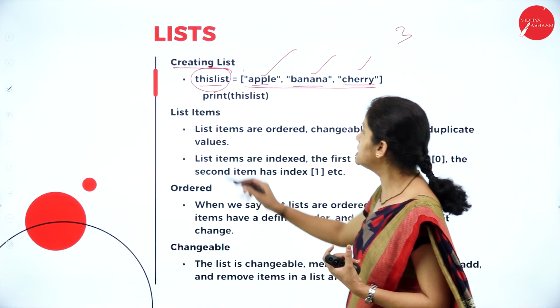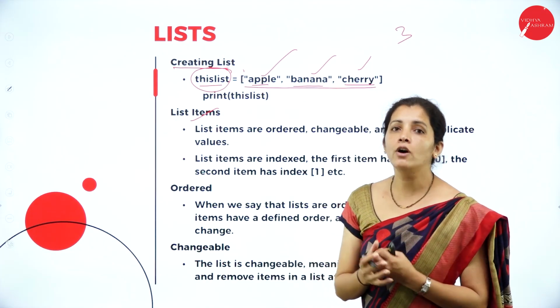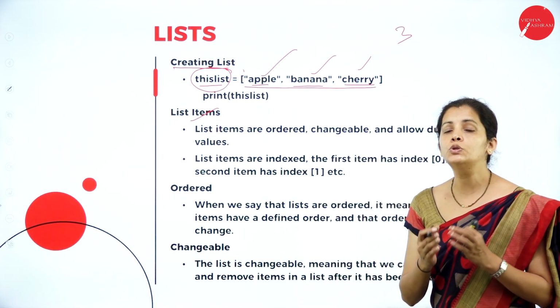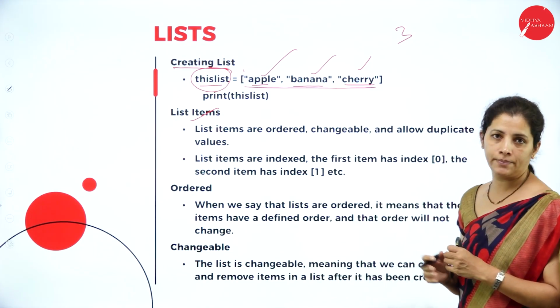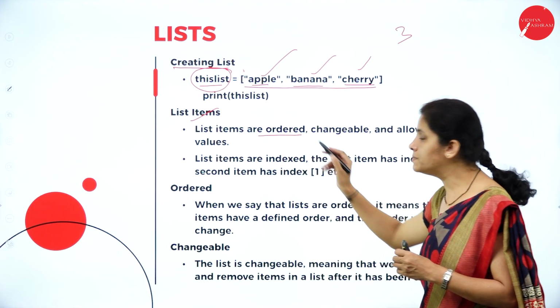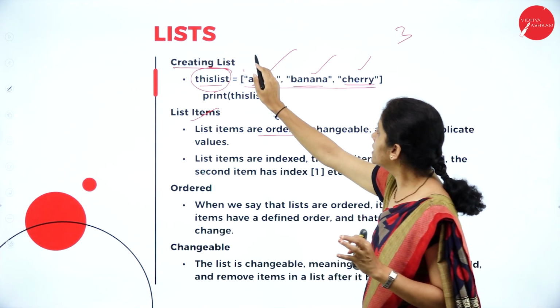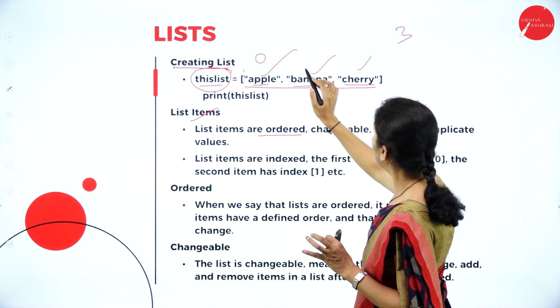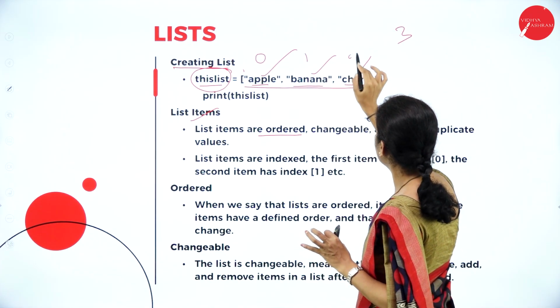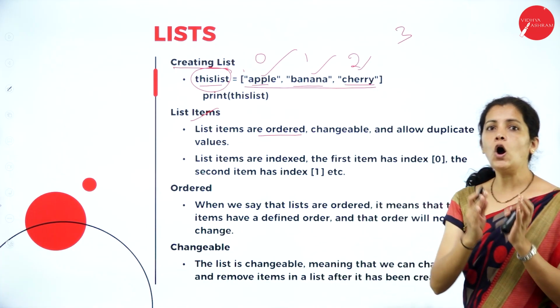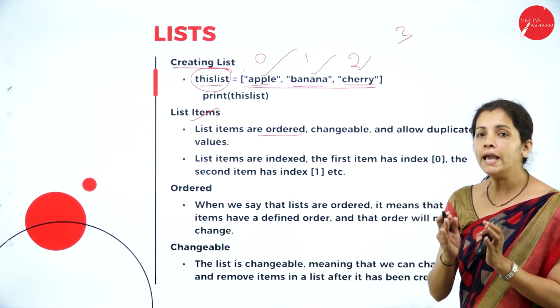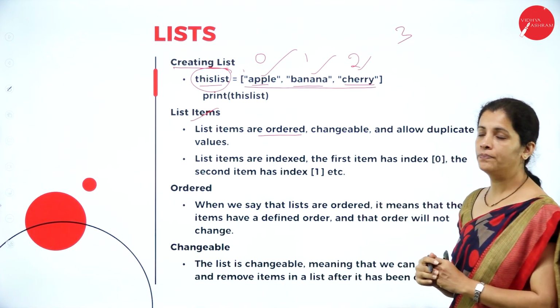Now, list items. What kind of items can I store in the list? So, all the items are ordered. See here, apple comes in the 0th position, banana first, then cherry. So, all the items are placed in order.